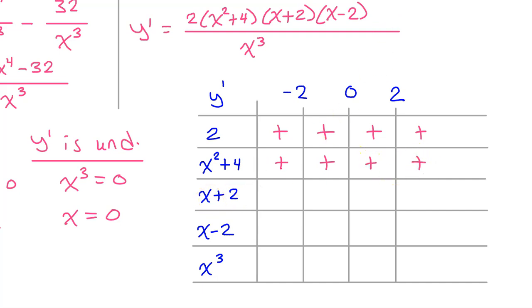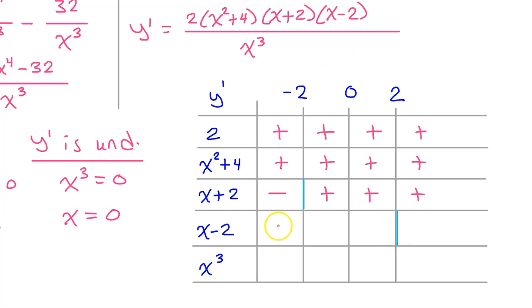X plus 2 is equal to 0 at negative 2. So this is the only place where this factor might change signs. It's going to be negative for values of x less than negative 2, and positive for values of x greater than negative 2. X minus 2 is equal to 0 at x equals positive 2.